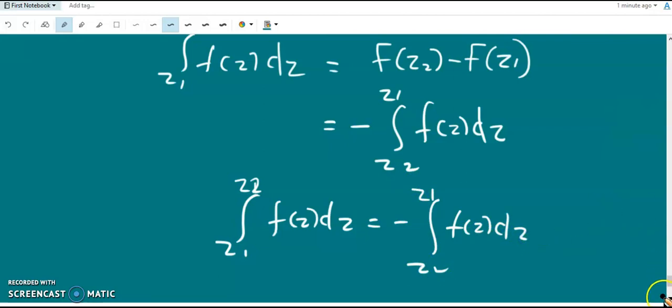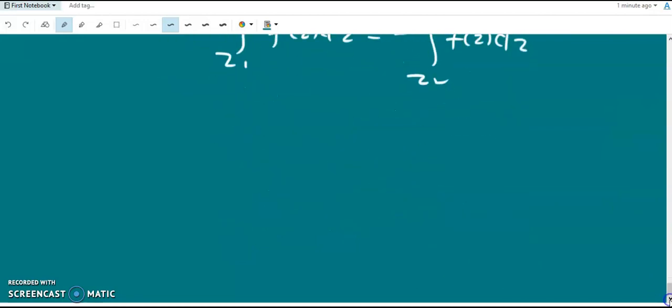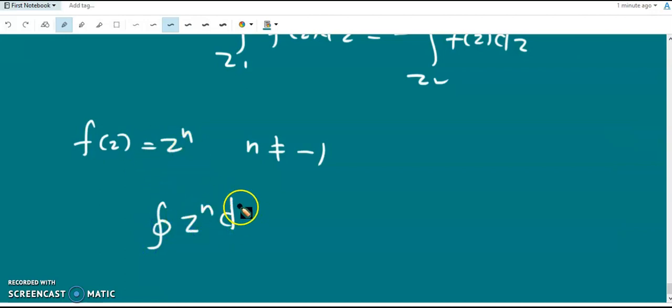So now we discuss some examples for the Cauchy's integral theorem. So f of z is equal to z to the power n, with n not equal to minus 1. This one we have discussed as an example in the first part of the lecture on integration of a complex function, and we have seen that the closed integral of f of z dz, where f of z here is z raised to n, is equal to 0 when n is not equal to minus 1.